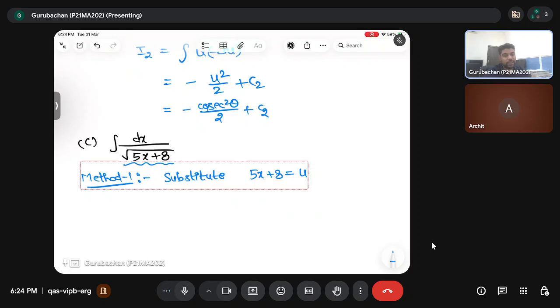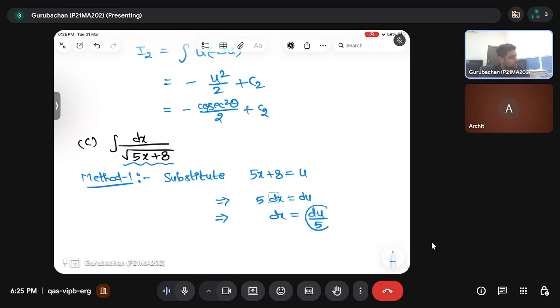There is something inside the under root. It's good that there is a linear term, but you cannot integrate directly. There is a role of chain rule. So what will be the differentiation of this one? 5 dx equals du. So dx will be du by 5. So this 1 by 5 plays the role of chain rule.